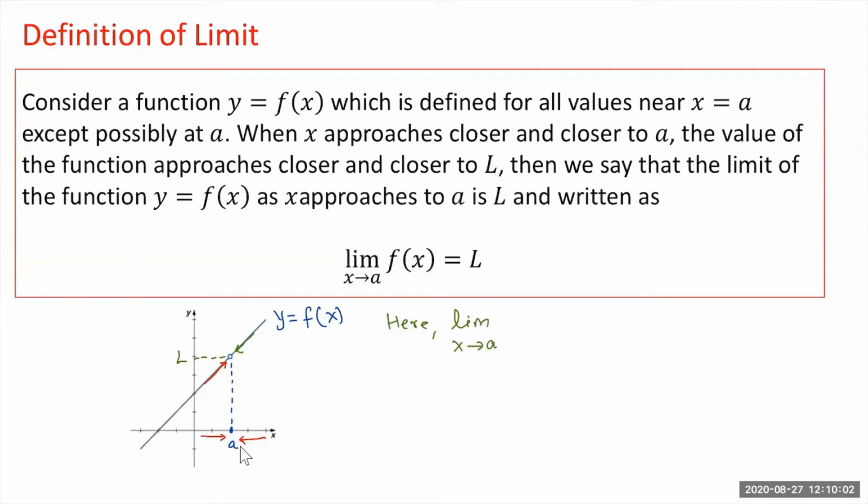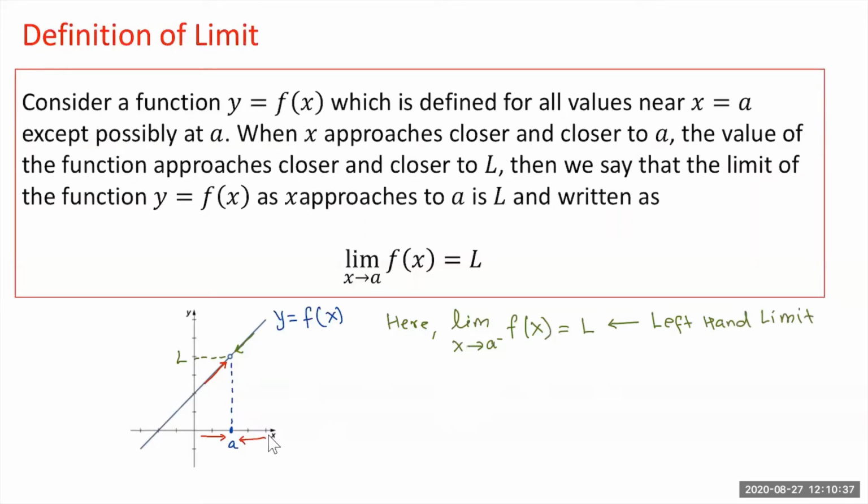These are the values which are less than a. So we write a with a little minus on the top. When x approaches a from the left, when you see that minus, for this function the limit is equal to L. And we say that when you are calculating the limit from the left, this limit is called the left-hand limit. You can also note that in your note catcher. Left-hand limit, that is the name of that.